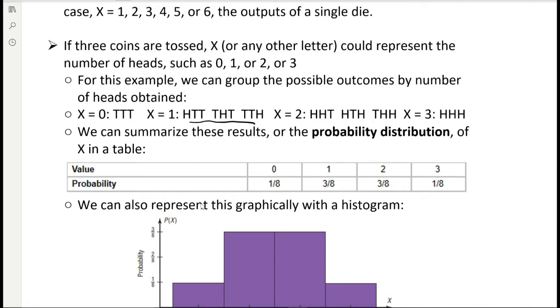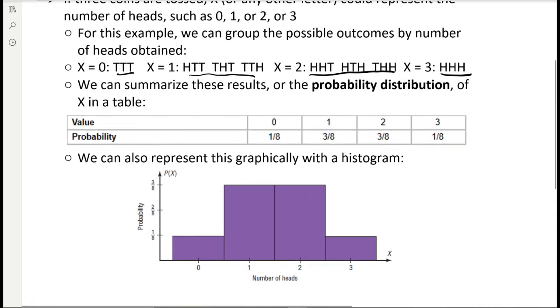And then we can have 1 tail or 2 heads, and we can have all 3 heads. So this forms what we call our sample space. And we basically broke it up into the random variable, which is the number of heads in this case. So notice that the number of heads, 0, 1, 2, or 3, is based off of chance. And the chance is based off of how many belong in that sample space.